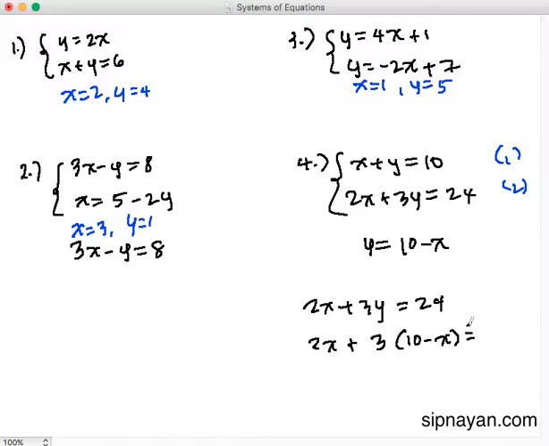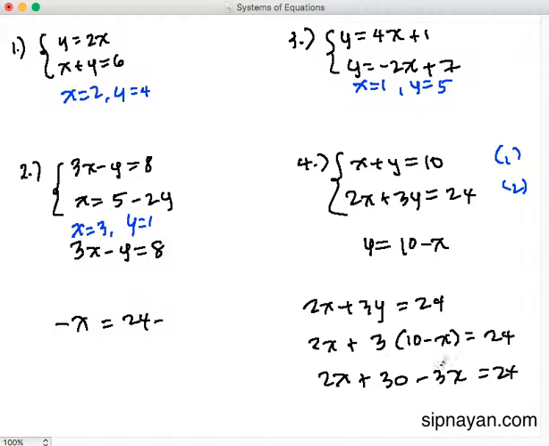equals 24. And then 2x plus 3 times 10 is 30, minus 3 times x is 3x, equals 24. We have 2x minus 3x is negative x. And then we have 24 minus 30.